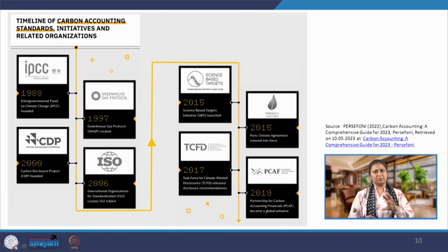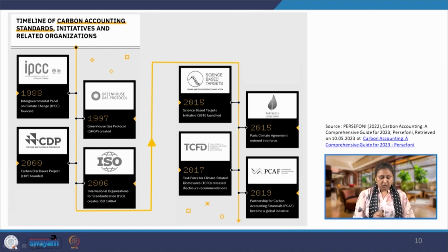Around the same time, not very known and not very established, GHG protocol was created, but it was not elaborate and it did not have so many inventories and other things, but as a name it was created. After that, based upon the GHG protocol and the 1998 report, in 2000 Carbon Disclosure Project was also founded. CDP does similar things just as GHG protocol does. So, these are all GHG accounting methodologies.